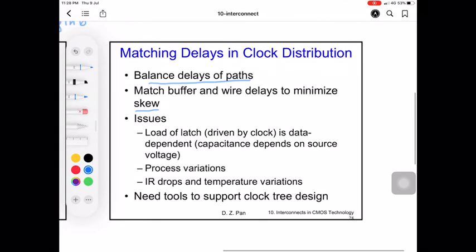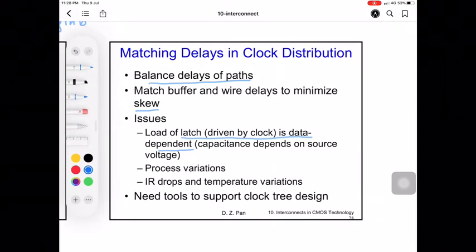So the latch or the flip-flop which is driven by clock is data dependent. And if you have a clock skew, your data will be distorted because it is timed at a different clock, right? Sometimes there are also fabrication issues, known as process variations, and this will also affect the timing of the clock.